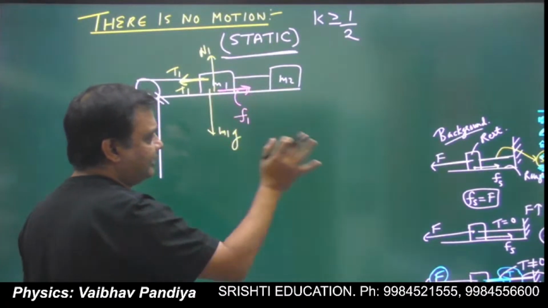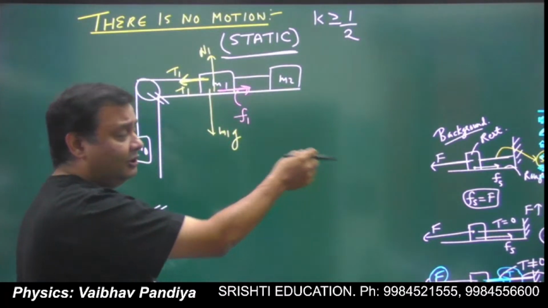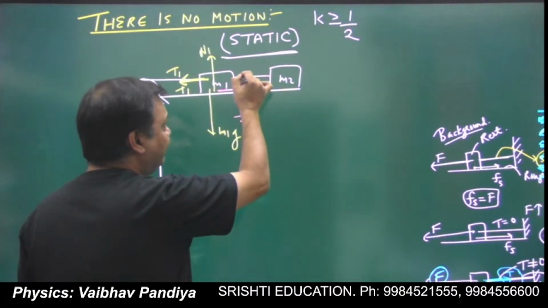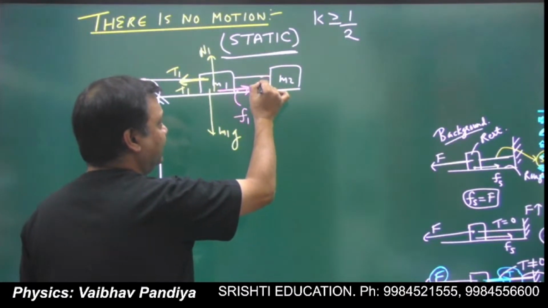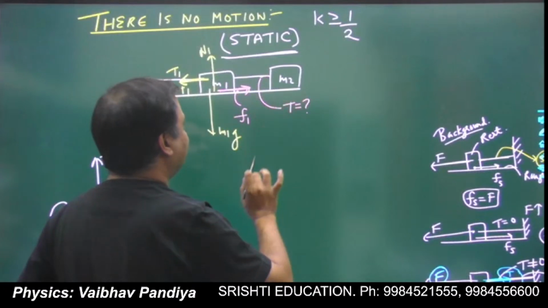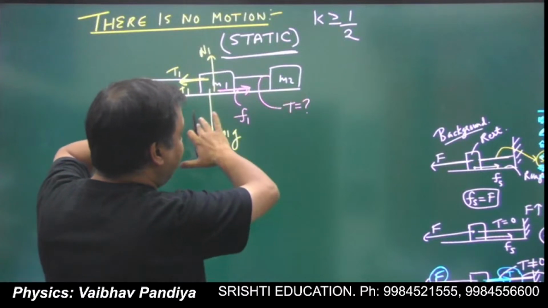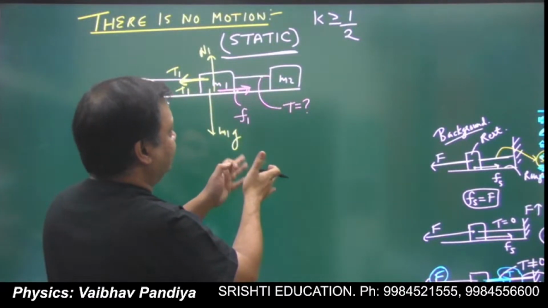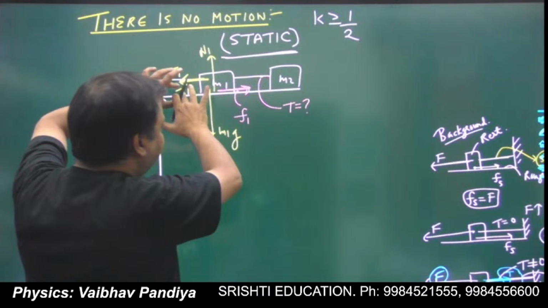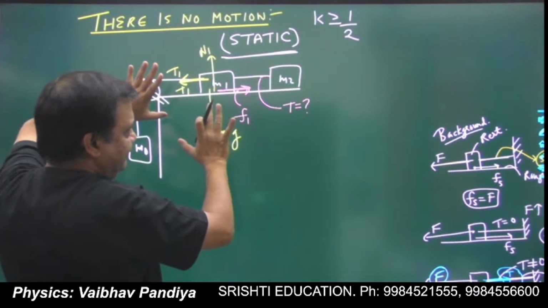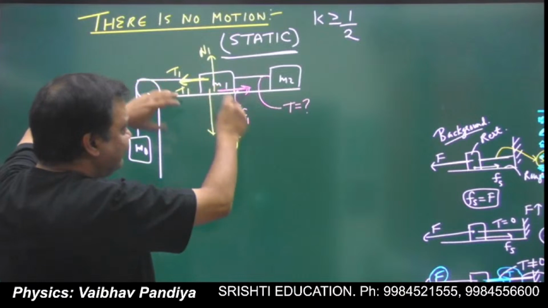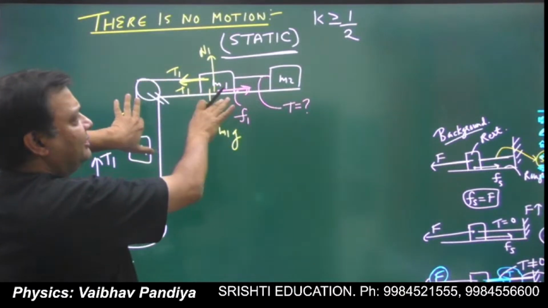Now the point is, if you consider this analysis, will this string have tensional force? Yes or no? It will depend. If T1 exceeds F1 max, then only T2 will act. Till your T1 is less than or equal to F1 max, F1 itself is sufficient to balance T1.